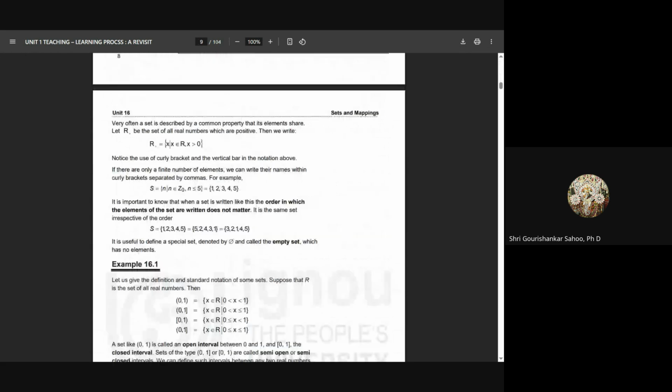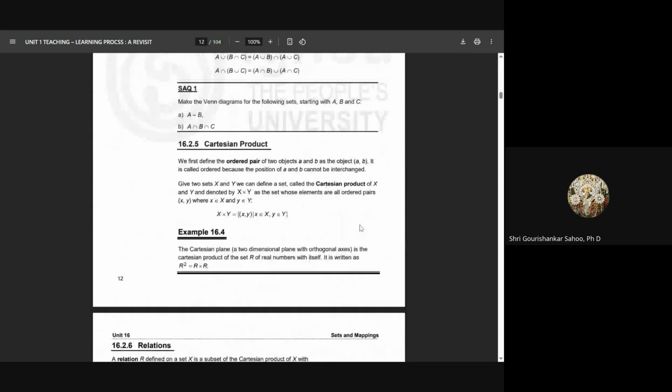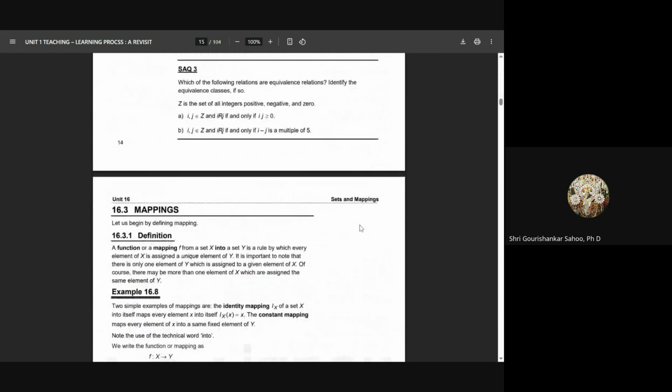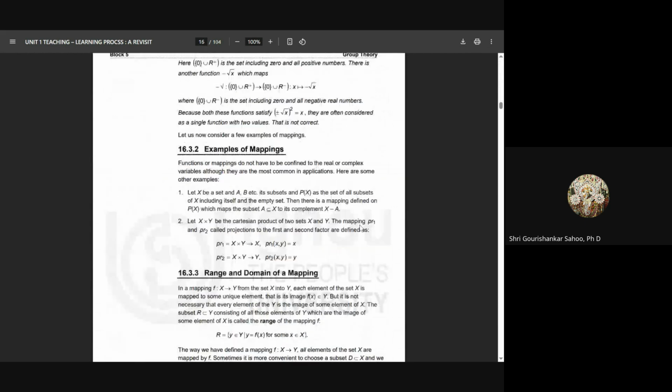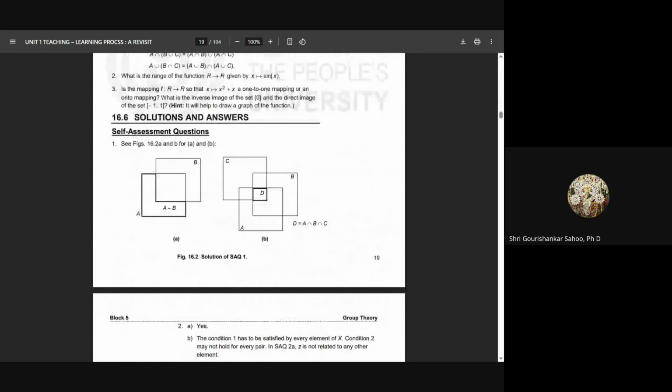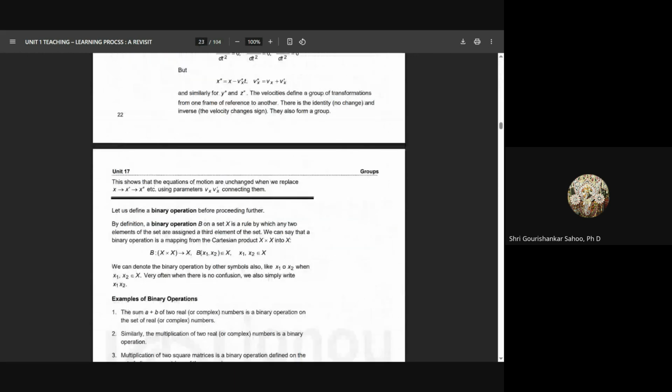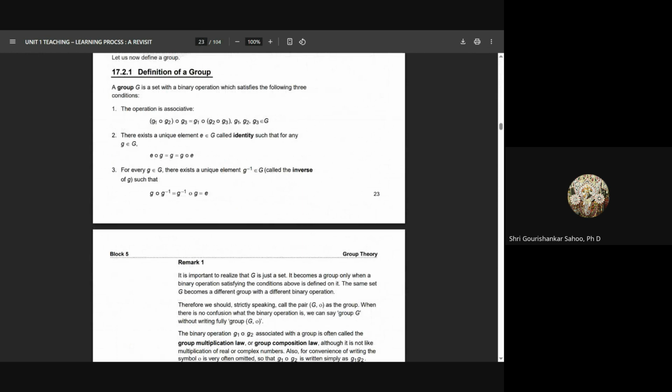you know what is a set and how to evaluate mapping in the first class. The definition of group: a group G is a set with a binary operation which is associative, and identity relation and inverse relation hold good for it.